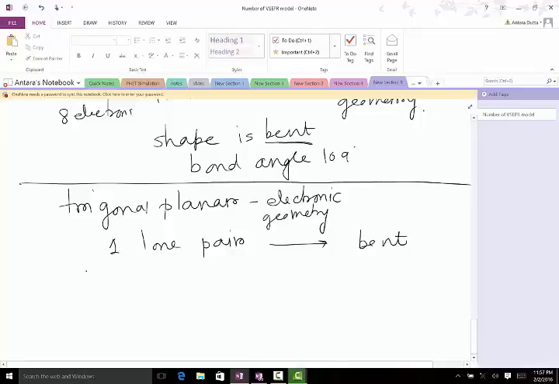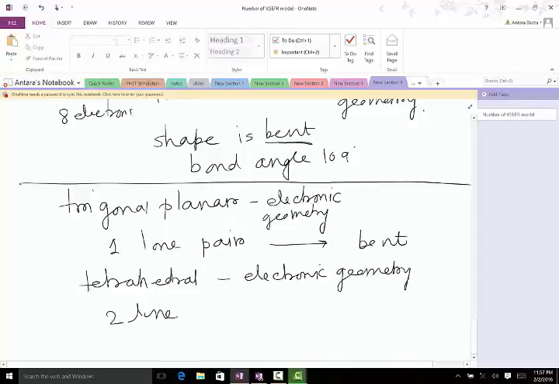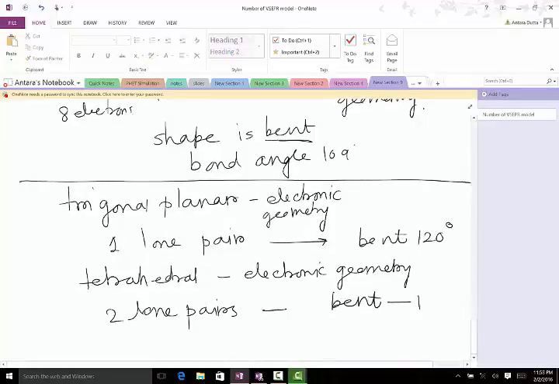Also, if you have tetrahedral electron group geometry, tetrahedral electronic geometry with 2 lone pairs, then also the shape is bent, but the bond angle is different. When the electronic geometry is trigonal planar and it is a bent shape, then the bond angle is 120 degrees. When the electronic geometry is tetrahedral and it's a bent shape with 2 lone pairs, then the bond angle is 109 degrees. Hope that helps. Thank you.